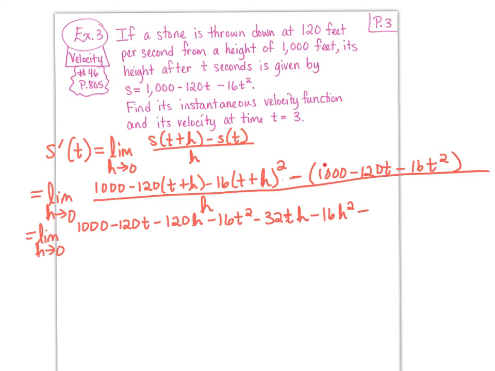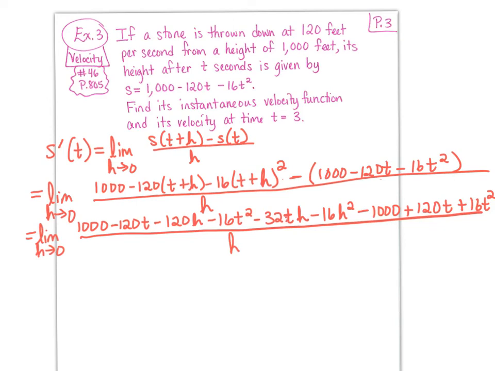Now we distribute the negative to each term here. Minus 1,000 plus 120t plus 16t squared. All of that over h. You need me to explain some terms? Okay?